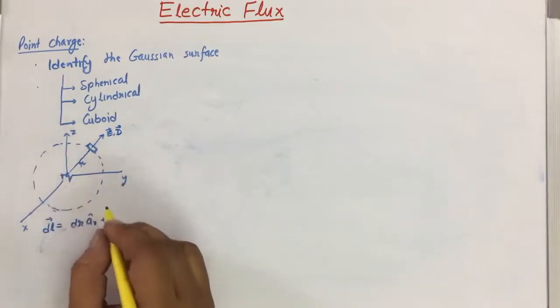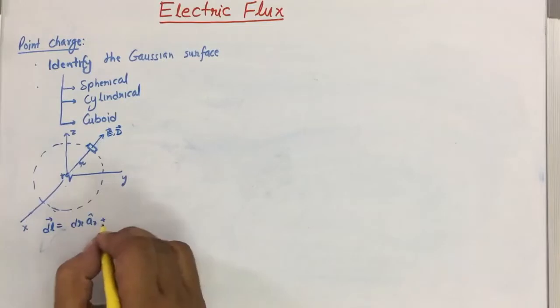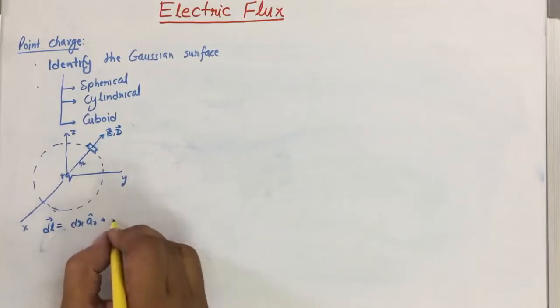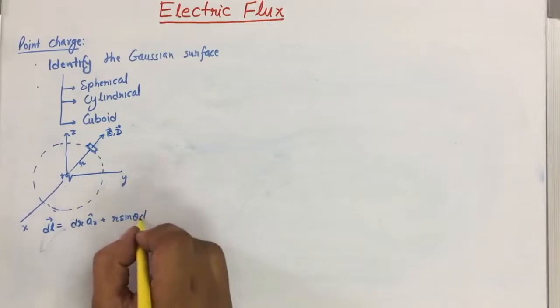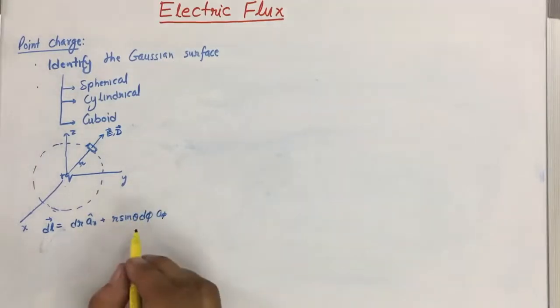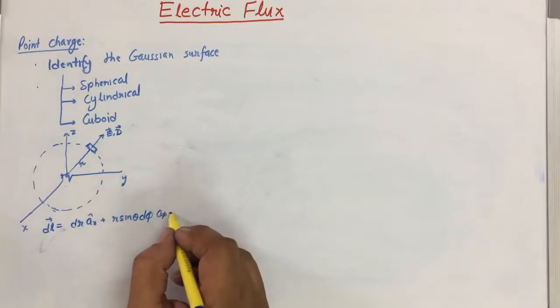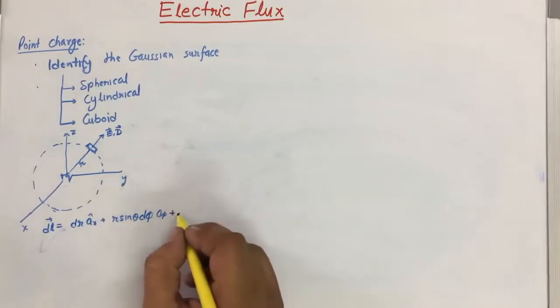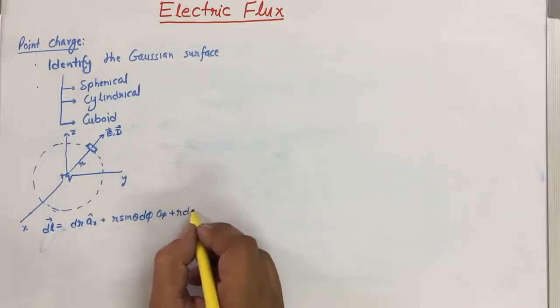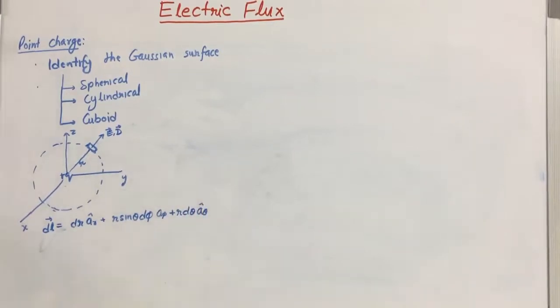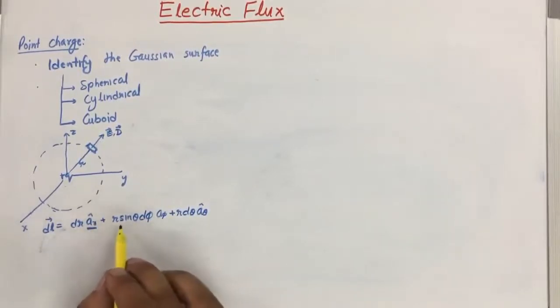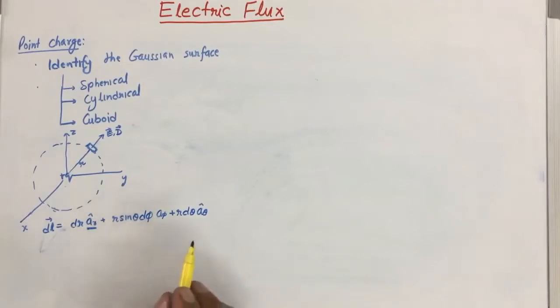We are not going to revise that; I am just writing here dl = dr a_r + r sine theta d phi a_phi + r d theta a_theta. And from the differential length, if we wish to find the dS area vector, we should do the cross product of these two.